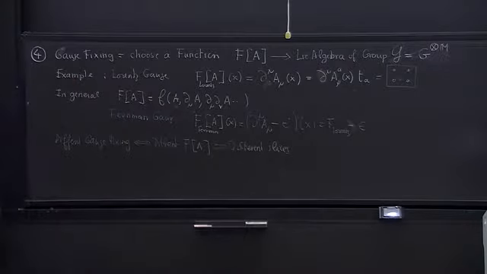So for instance, this is a slice corresponding to the Lorentz gauge, but you may consider a Feynman gauge with epsilon different from 0, and then you are going to get a different gauge fixing.